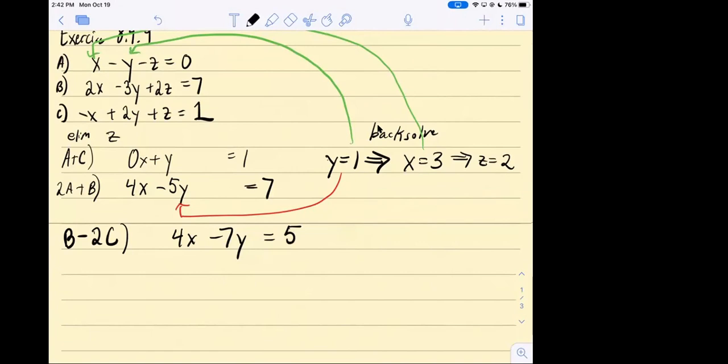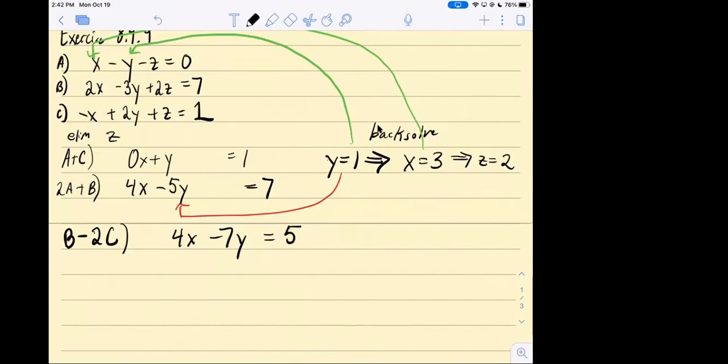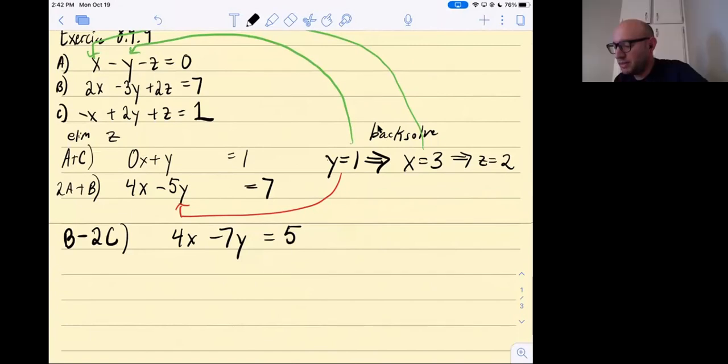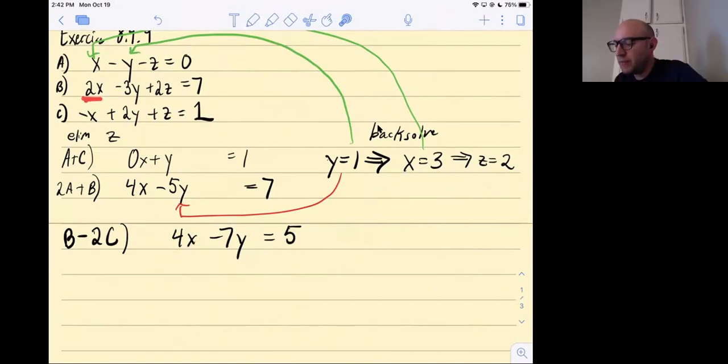I used B and C. Did you get the 4x minus 7y equals 5 thing? No. Oh, okay. When you do B minus 2C, just make sure that you get this, because you'll get 2x minus negative 2x, which is like plus another 2x.